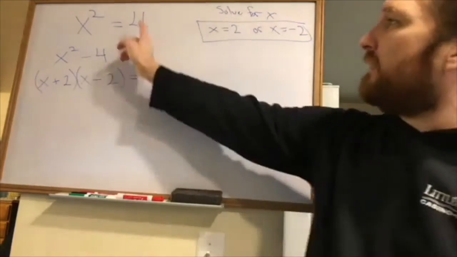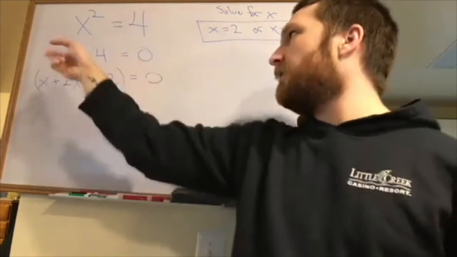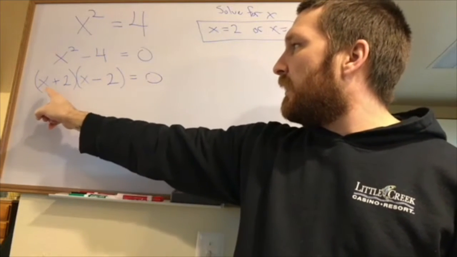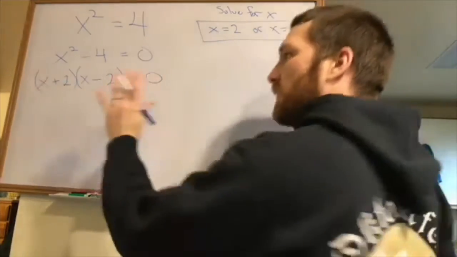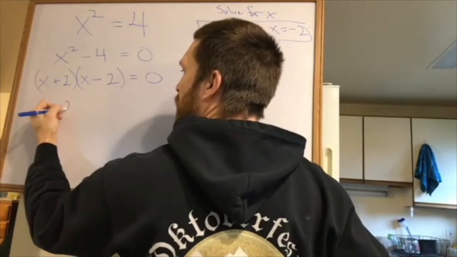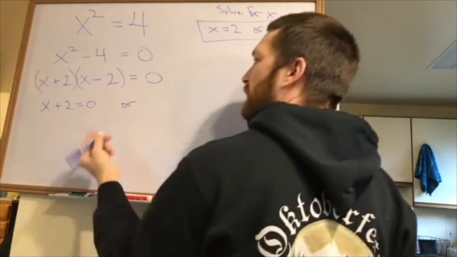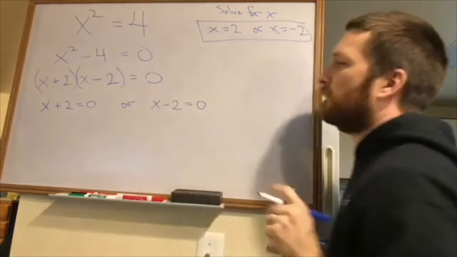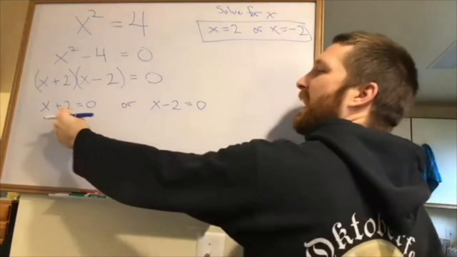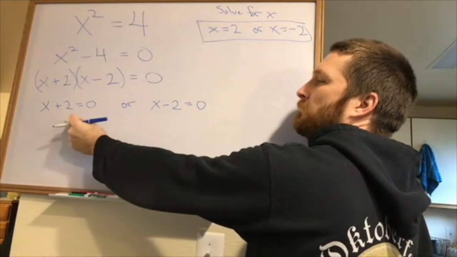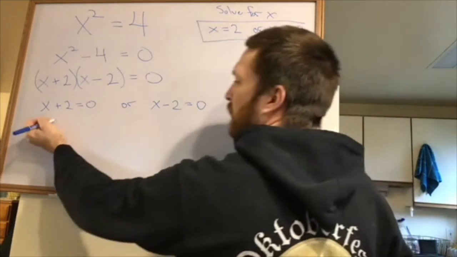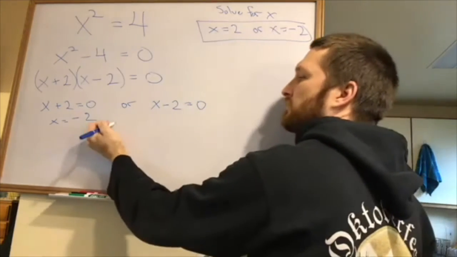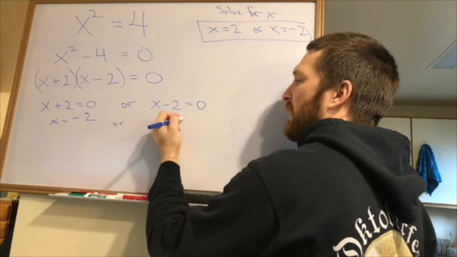But had we gone about it this way, getting it equal to 0 and factoring, then either x plus 2 is equal to 0, or x minus 2 is equal to 0. Solving this one gives me x equals negative 2, or solving this one, x equals 2.